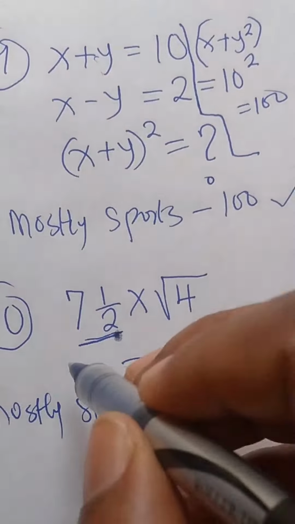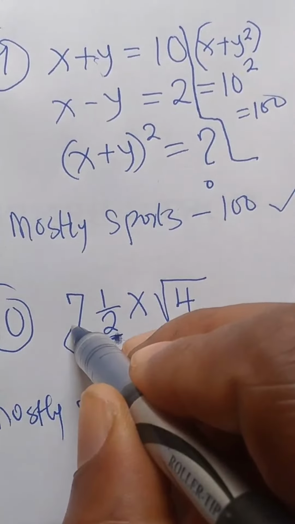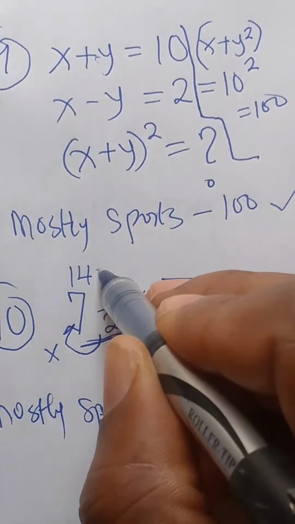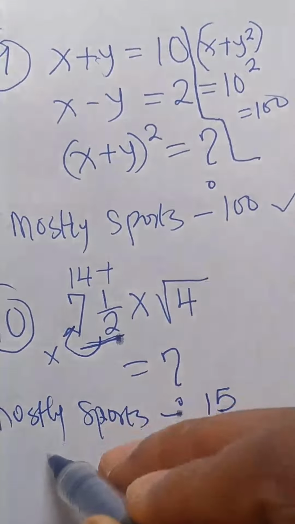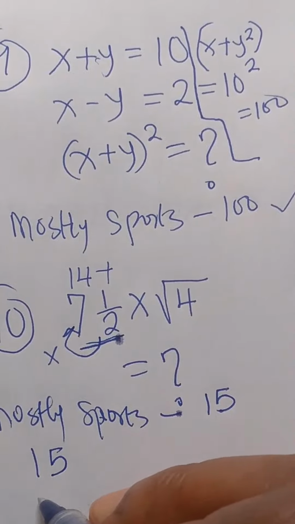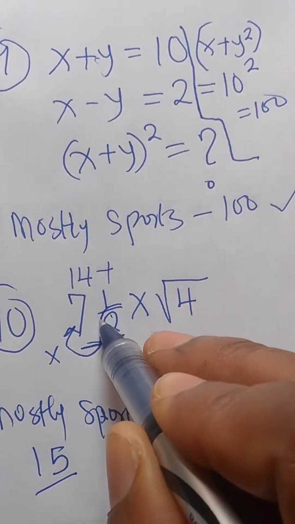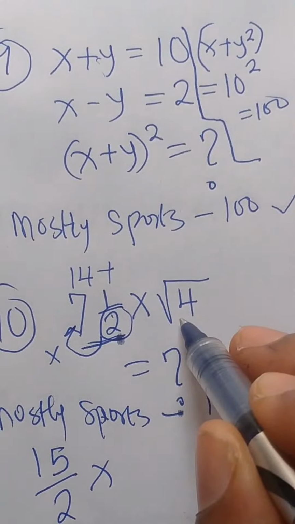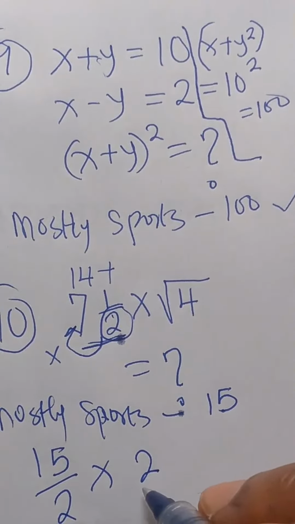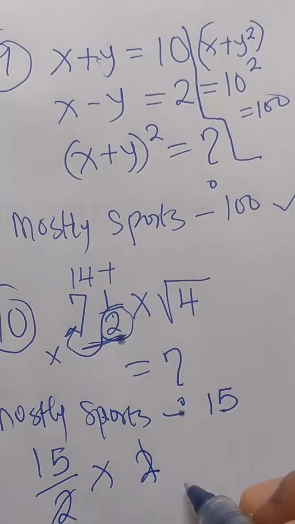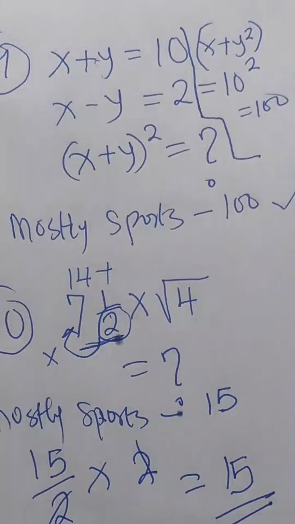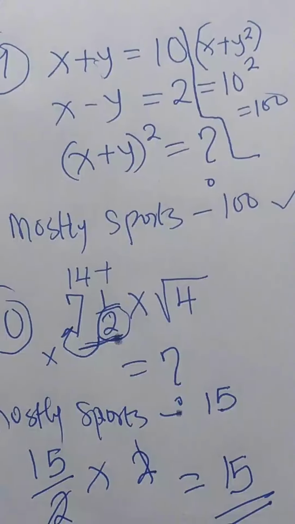To convert it to an improper fraction, you do 7 times 2, which is 14. 14 plus 1 is 15, all over the denominator, which is 2, times square root of 4, which is 2. So the 2 cancels the 2 and we have 15. So that is the answer. So cheers to Mostly Sports. You got it correct again.